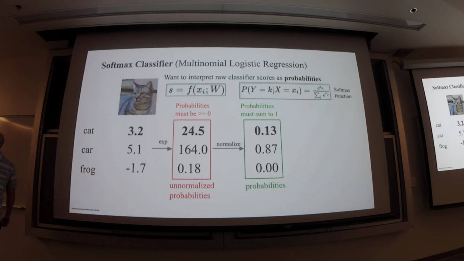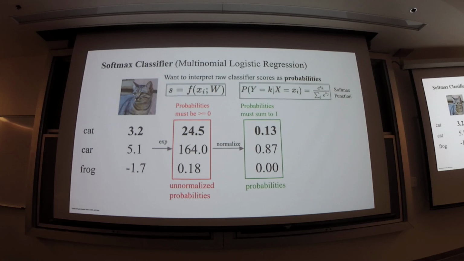Why is that good? I sort of mentioned this at the beginning of the class, but it's really useful to express your problem in probabilistic terms, as if we're trying to sample from a distribution, or we're trying to learn the maximum of a distribution, like maximum likelihood estimation.